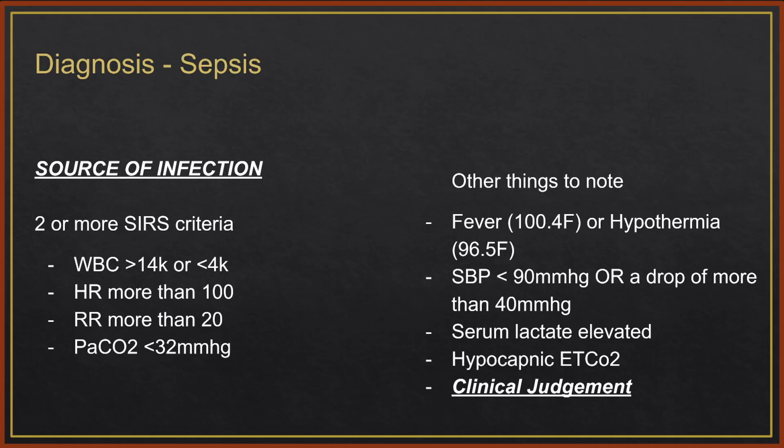So the big thing with peds, and this applies for everything when it comes to peds, is all age appropriate stuff. So we're going to be looking at age appropriate tachycardia, age appropriate hypotension, and age appropriate respirations. You see these numbers here, like heart rate over 100, respirations over 20. That's all for the average adult.